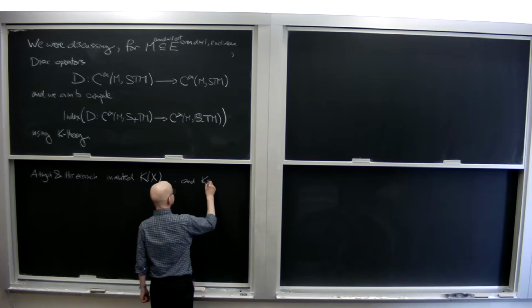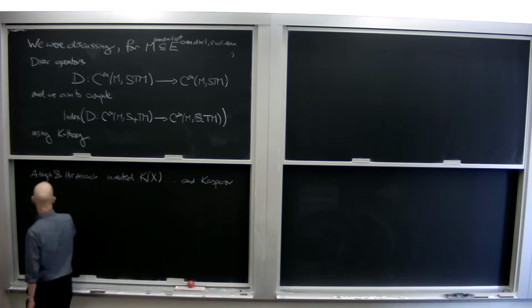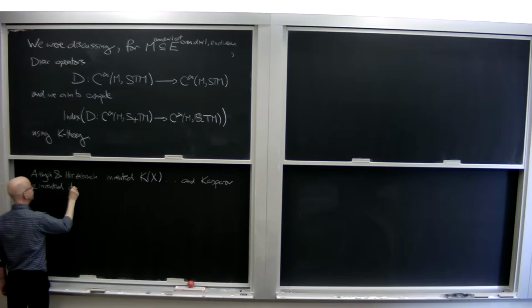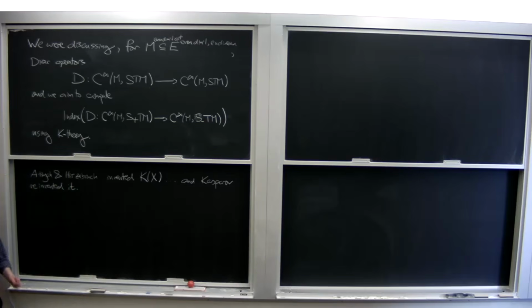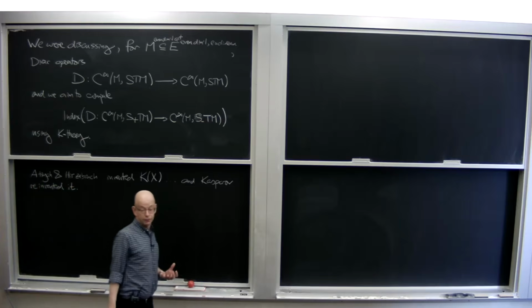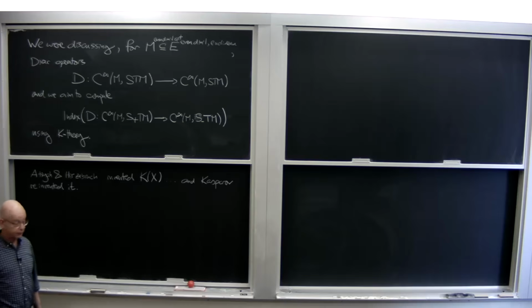Anyway, back to K-theory. This is, of course, what, as I've said more than once, Kasparov reinvented. He thought about how to define this better, and we've discussed what the definition is. And last time, we discussed a quite general and maybe a little bit complicated notion of cycle for this group.